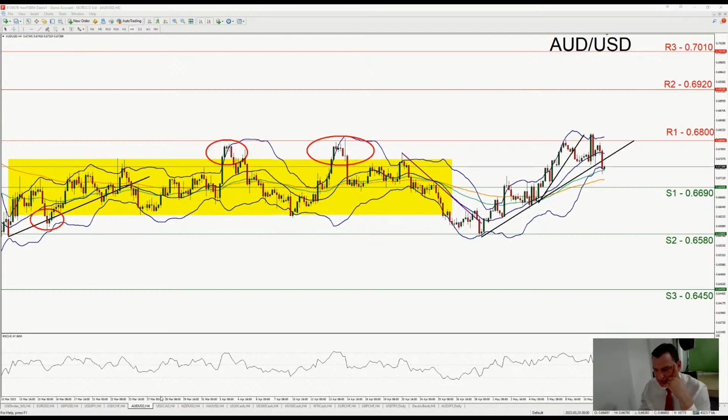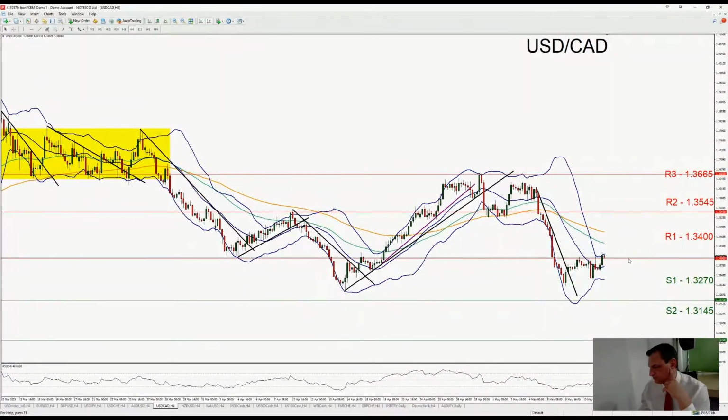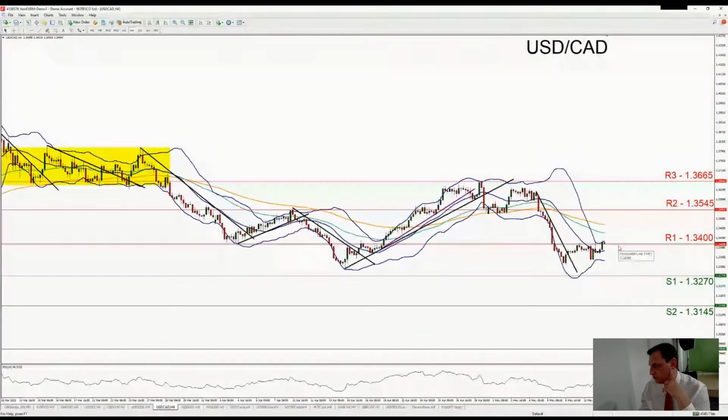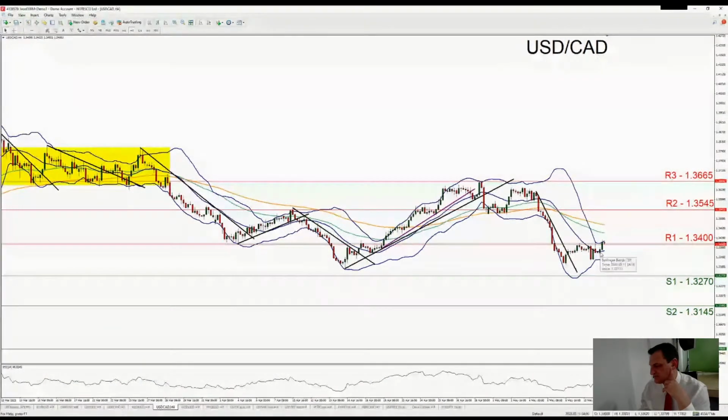Let's have a look at a similar currency, but in the reverse, it's the USD CAD pair, which has risen and seems about to test, if not breach, the 1.34 resistance line. That could be a sign that we are having some slight bullish tendencies. On the other hand, the RSI indicator remains at the reading of 50, even just below it, despite its rise.